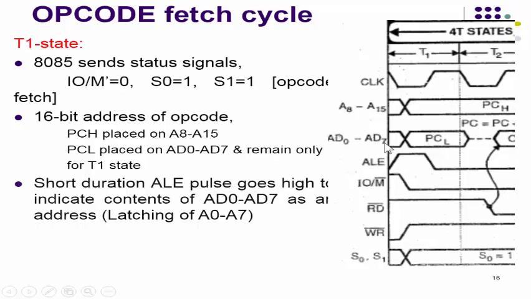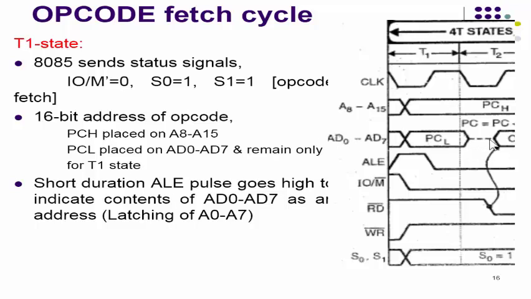In the T2 state it is not there. Look here, in the T2 state PC lower contents are not there. Because of the short duration ALE pulse, the address latch enable pulse goes high to indicate the contents of AD0 to AD7 as an address.